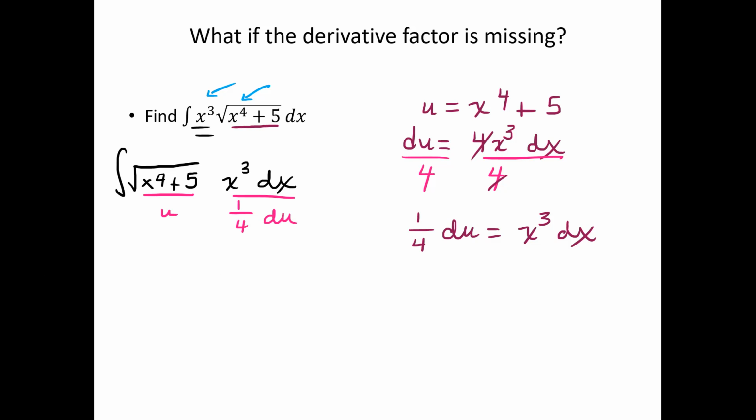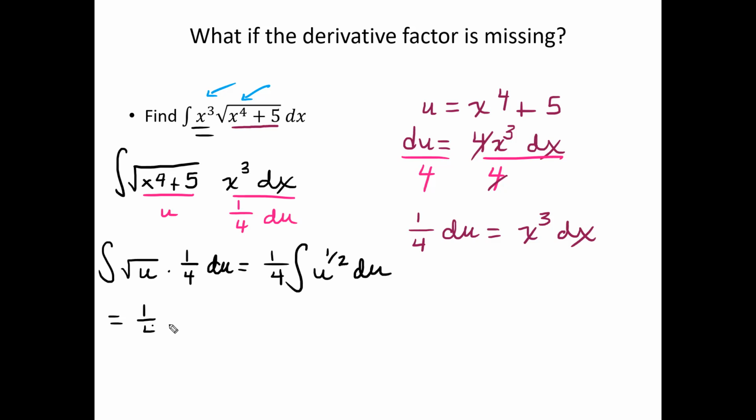All right, so from here, let's do our substitution. The square root of u times 1/4 du. Again, I just pull the 1/4 out front. I'm going to go ahead and write the square root as the 1/2 power. And now from here, the 1/4 is still out front.